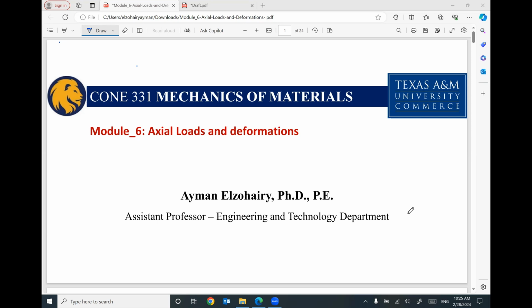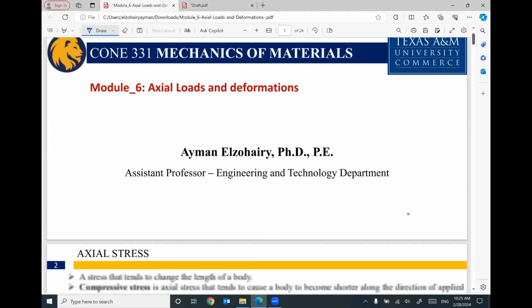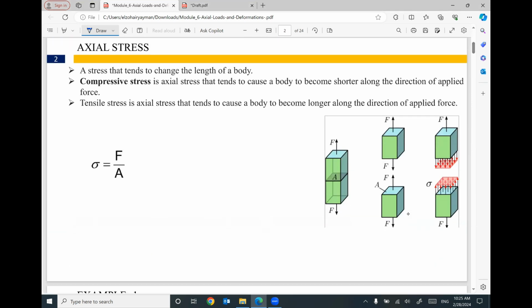In this video, we are going to start a new module talking about the axial load and deformation. We learned previously that we have something called axial stress, and this axial stress is a kind of normal stress. But this axial stress is coming from axial force, and the axial stress will cause change in the length of the body.